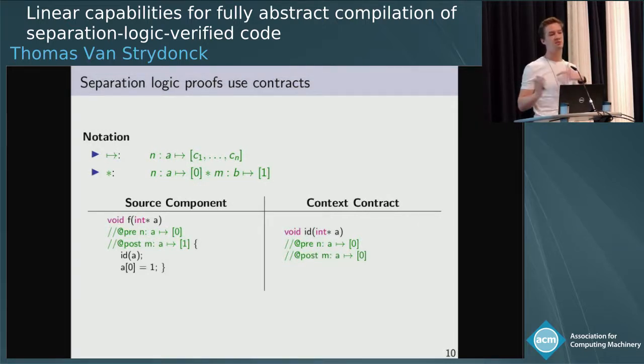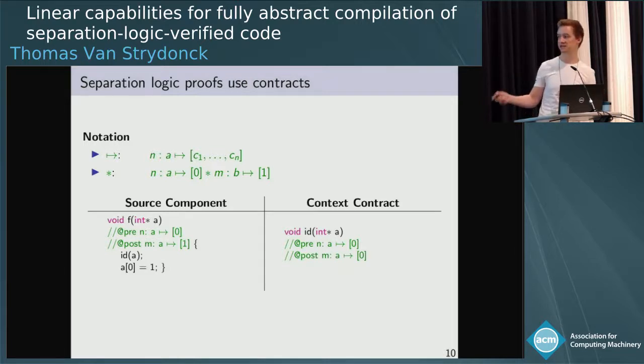Before we can make a separation logic proof of our example, we need to annotate the functions in our example, f and id, with a separation logic contract first. Let's have a look at what this kind of contract might look like. In this case, our function f accepts a resource n to access the singleton array 0 at location A, and it returns this same permission, now under the name m, to access the same singleton array, but now with contents 1.